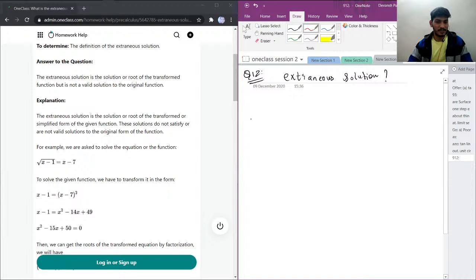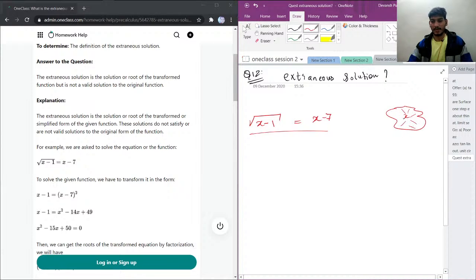In this example, we have an equation: square root of x minus 1 equals x minus 7. Suppose this is the domain of this equation, and my x is going to be in this domain. Now if I take the square on both sides, then we get x minus 1 equals x minus 7 whole square.